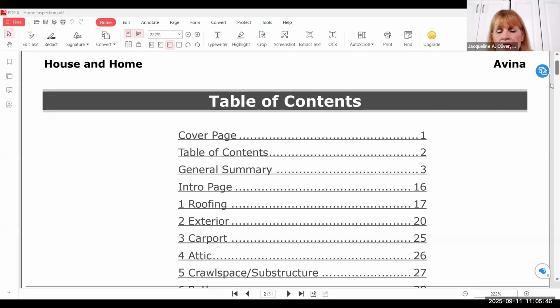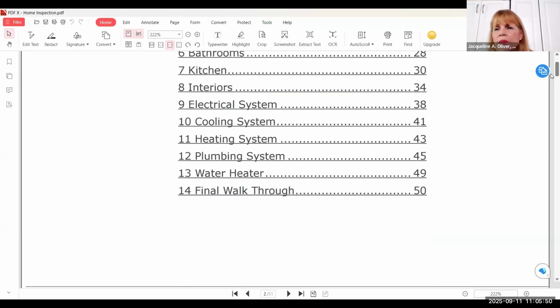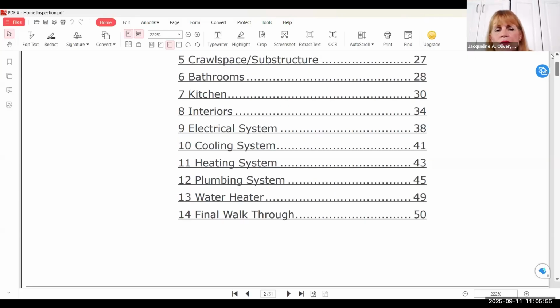Attics, crawl space, substructure. I mentioned the crawl space about the rodents being under it. The bathrooms, the kitchen, the interiors, electrical system, cooling, heating, it's all there. Plumbing, water heater, and we talked about the strapping of the water heater.